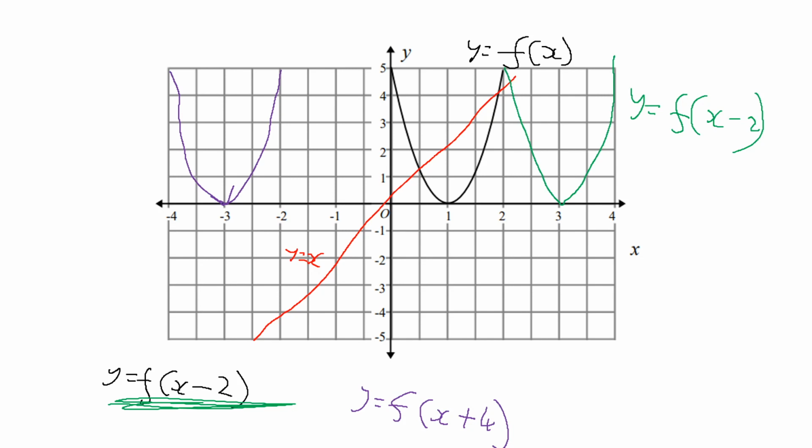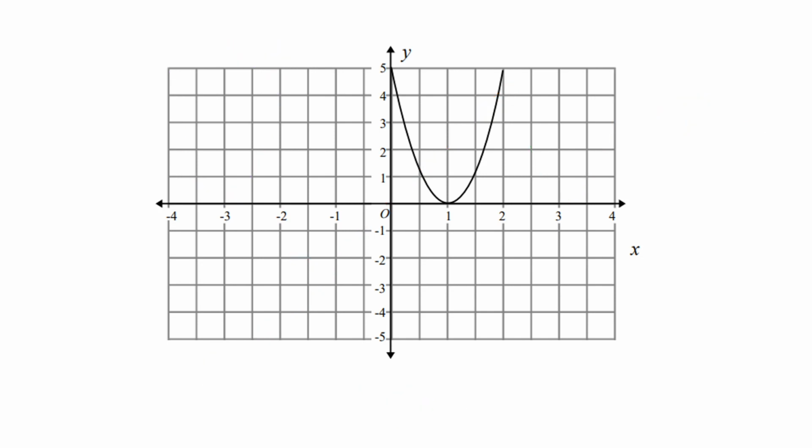Whenever it's in the bracket, you want to flip it. That's just the long and short of it. This is y equals f of x plus 4, because we've shifted it 1, 2, 3, 4.